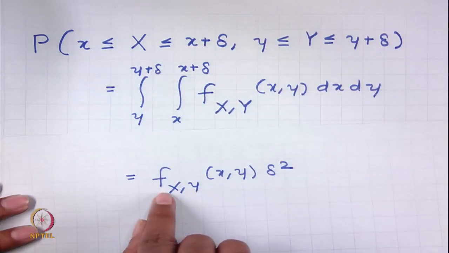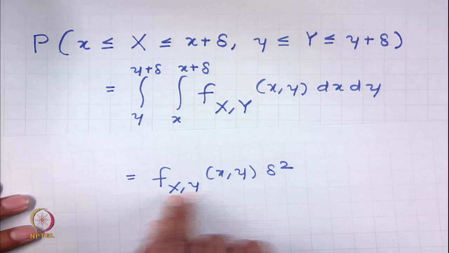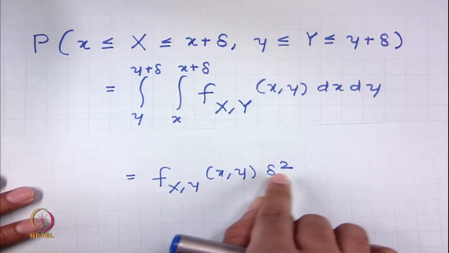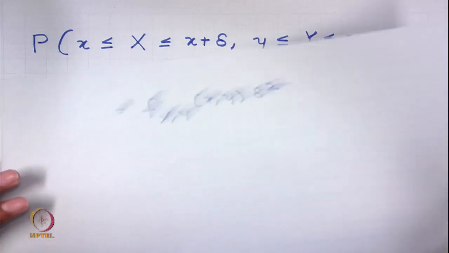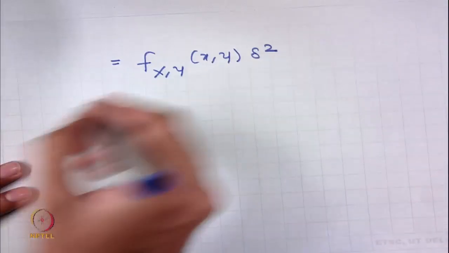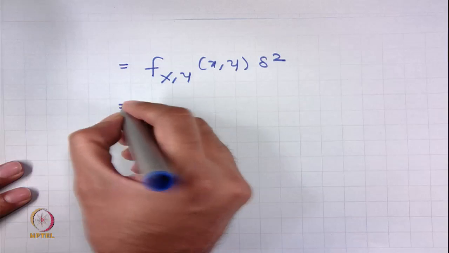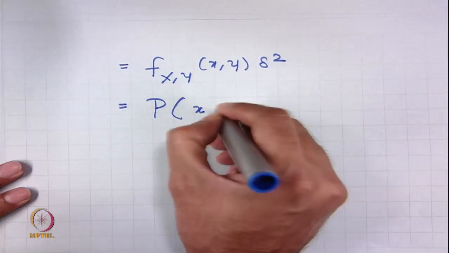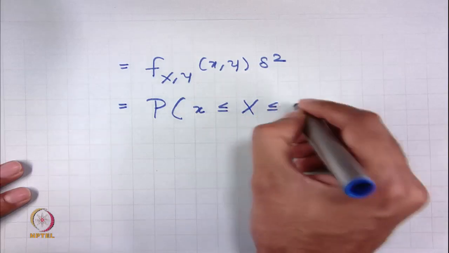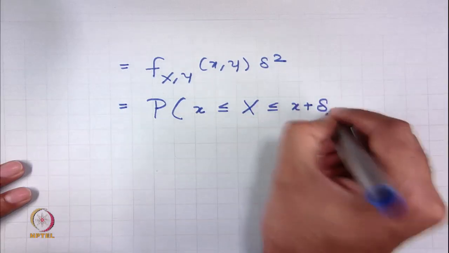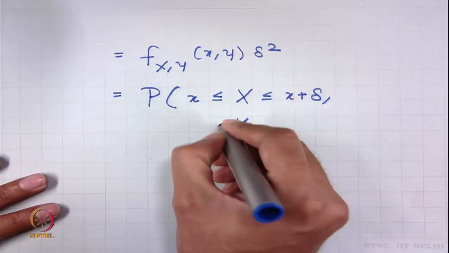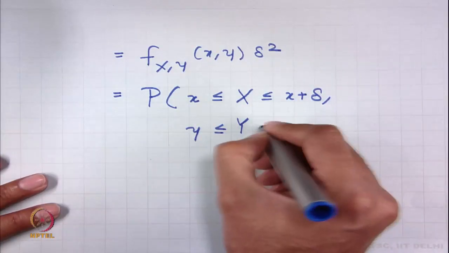So, I will have f of x y, that means the joint probability density function of x y, into delta square, and this quantity is nothing but the probability that x lies between x and x plus delta and y lies between y and y plus delta.